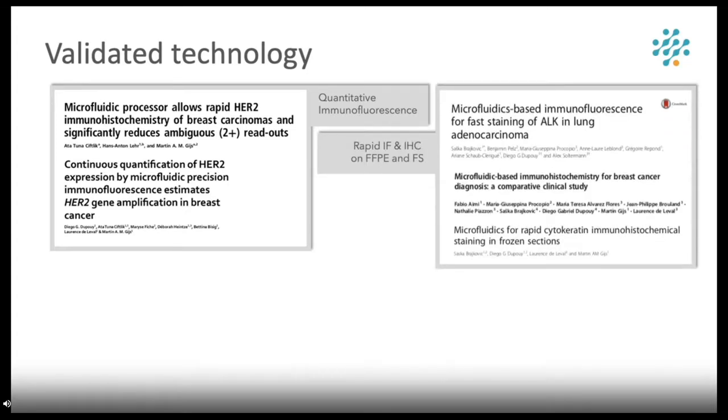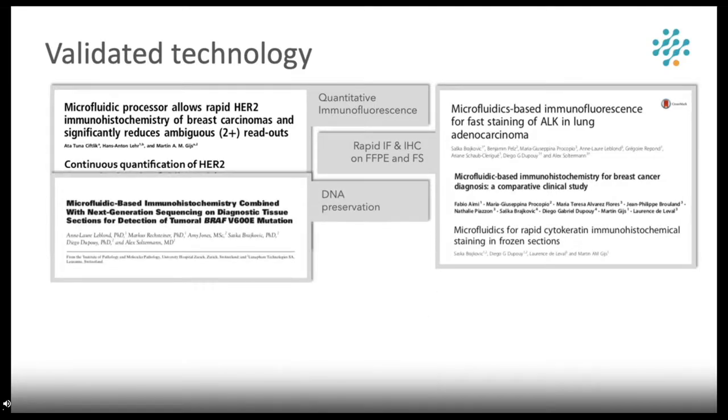We have also shown that we can obtain extremely rapid chromogenic and fluorescent stainings on different markers on both FFPE and frozen samples. Additionally, we've shown that DNA and RNA can be preserved during the stainings performed with our instrument, and the samples can be further utilized after staining for NGS.